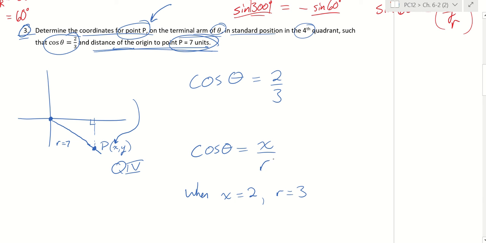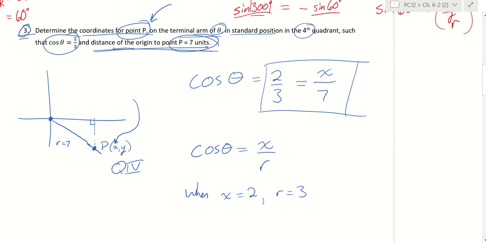So we can say 2/3 equals some number x over 7, where the ratios are constant, right? This is called setting up a proportion. A proportion is just some statement of equality between two ratios.